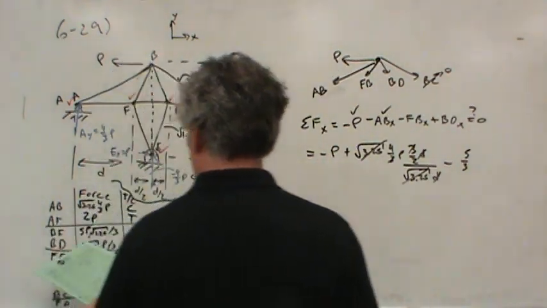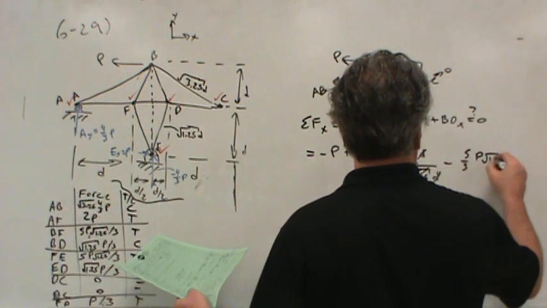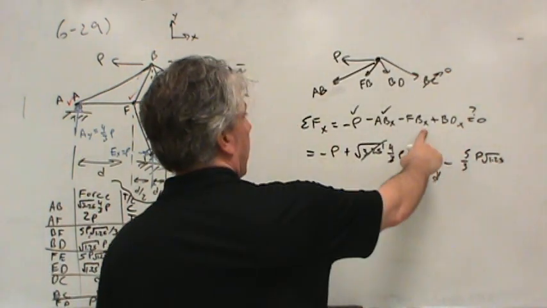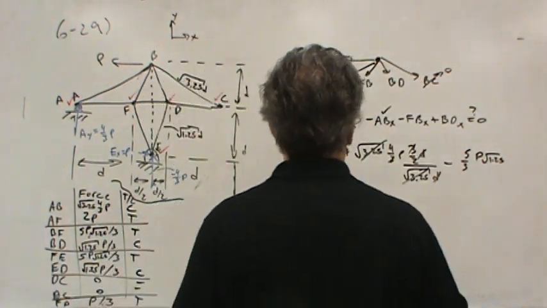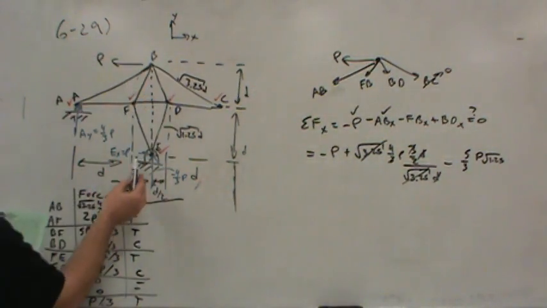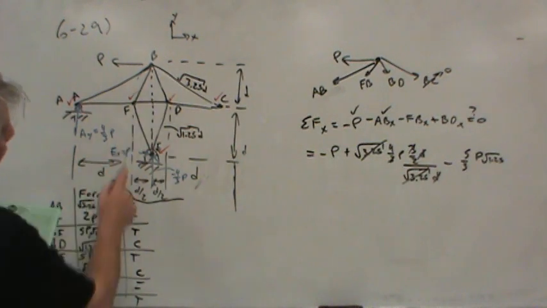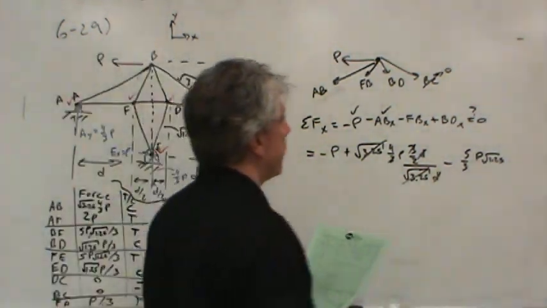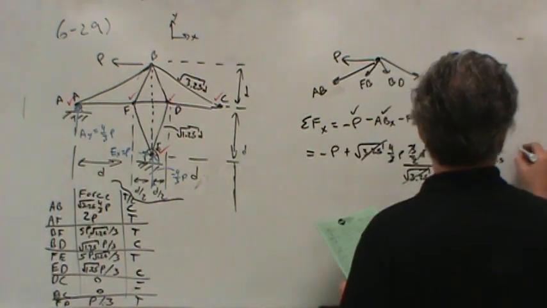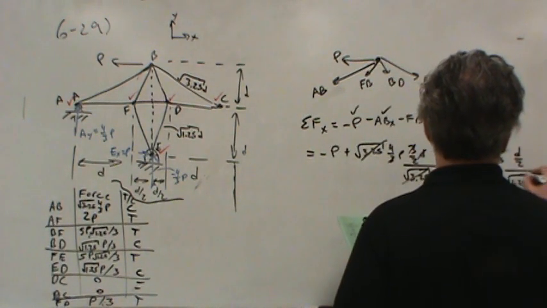But it was 5/3 P root 1.25, and I only want the horizontal component of it. So for FB, the horizontal component would be D over 2 over root 1.25 D.